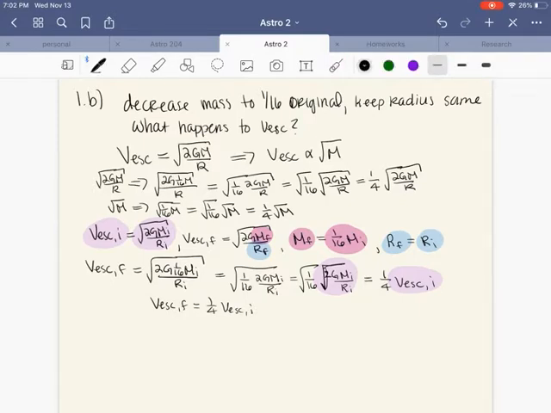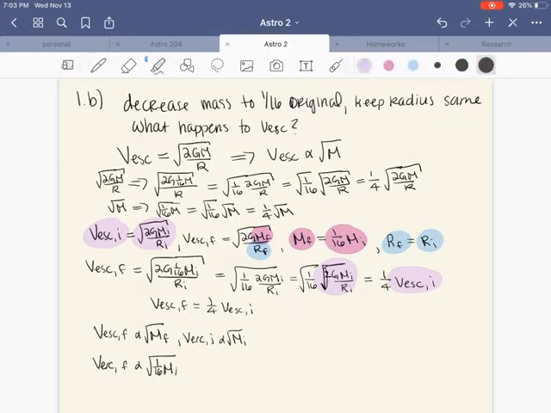If I wanted to do this with the shortened version of the equation, I'd say V escape final is proportional to root M final, and V escape initial is proportional to root M initial. So my V escape final is proportional to root 1/16 M initial, because I've replaced that with that.